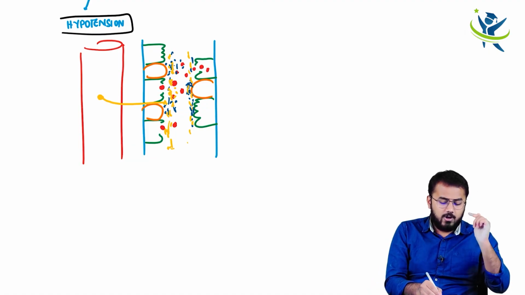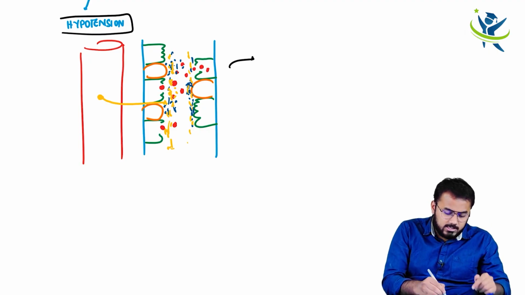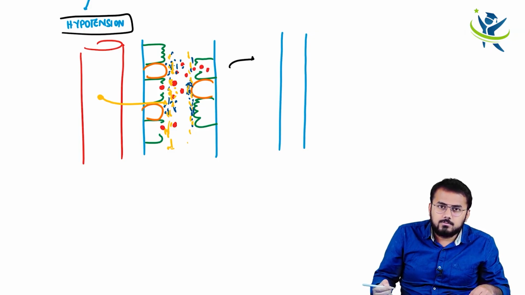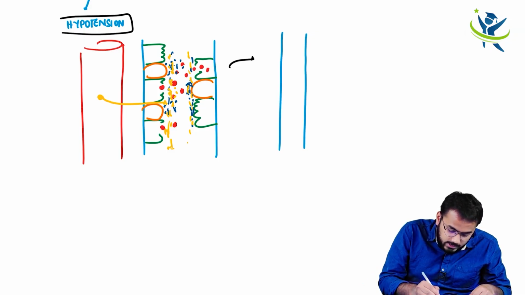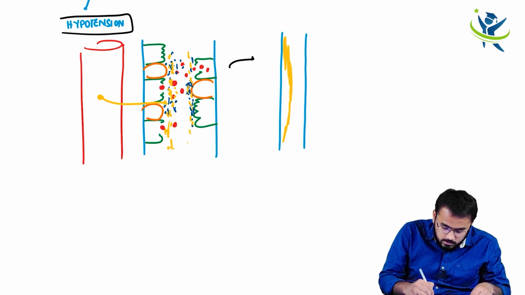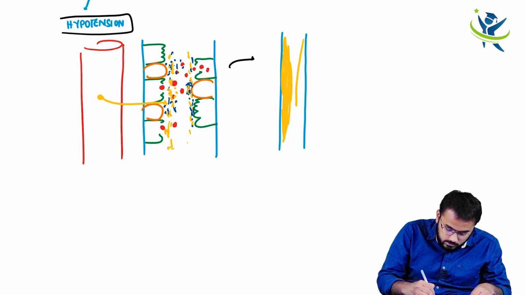If you look at the picture from far away, this is how it is going to look. This is the trachea of the patient, right? Now if you look inside, this is how it looks. This is all the mucus.